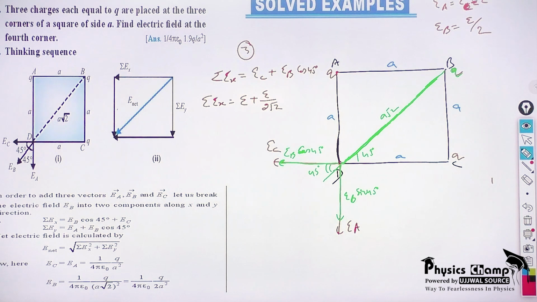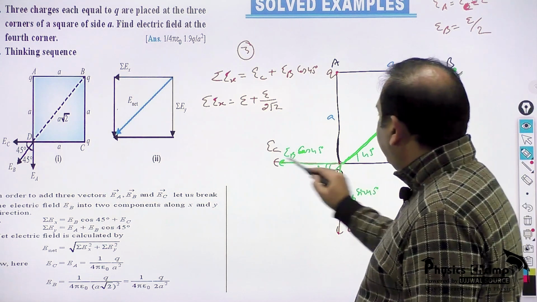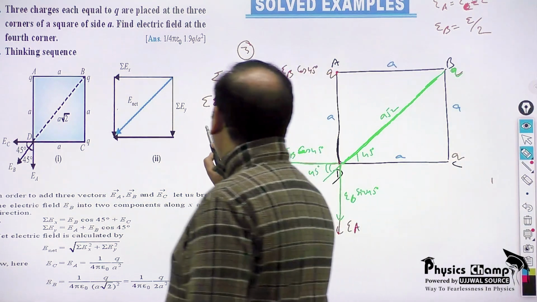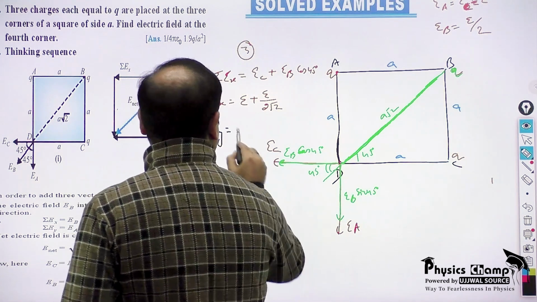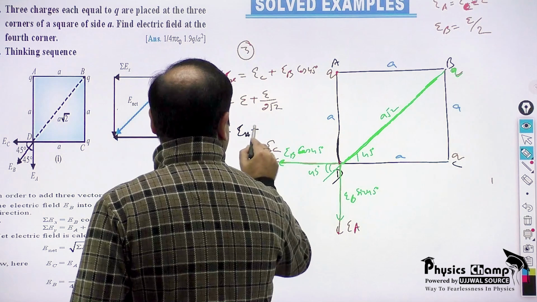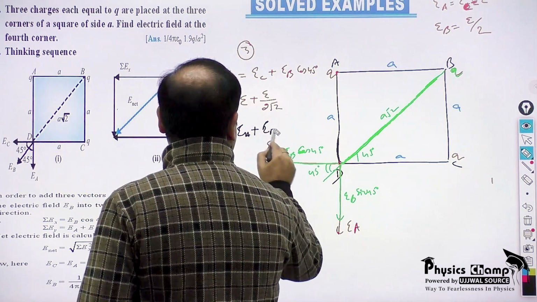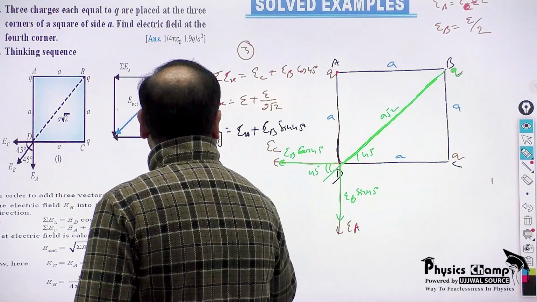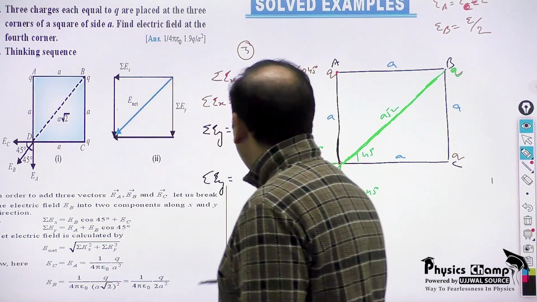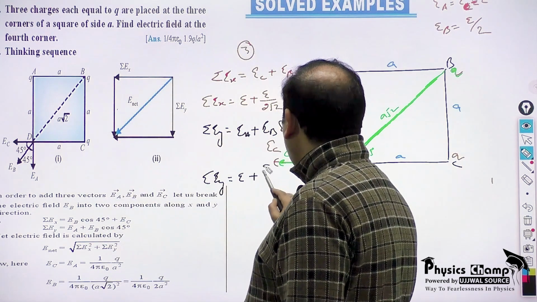And similarly, sigma Ex is here, sigma Ey is here. So I can write sigma Ey, which is EA plus EB sin 45. So we will get sigma Ey, which is E plus E by 2 root 2.